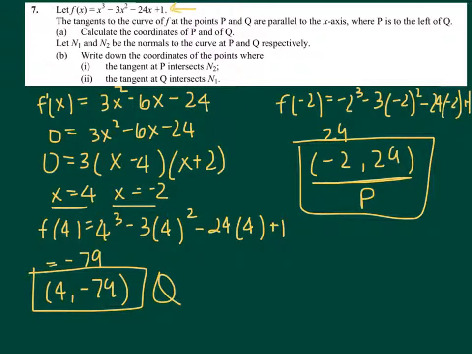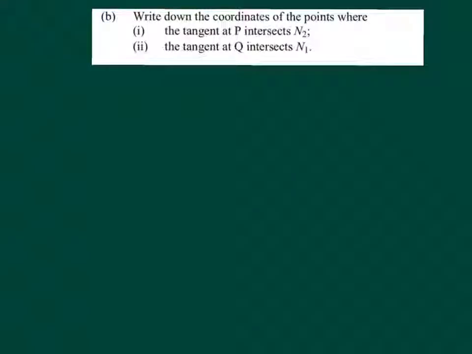Okay, anyways. So, it said let n1 and n2 be the normals to the curve at P and Q respectively. So this is the tangent to P, and this is the tangent to Q. So the next part says write down the coordinates of the points where the tangent at P intersects n2 and the tangent at Q intersects n1.